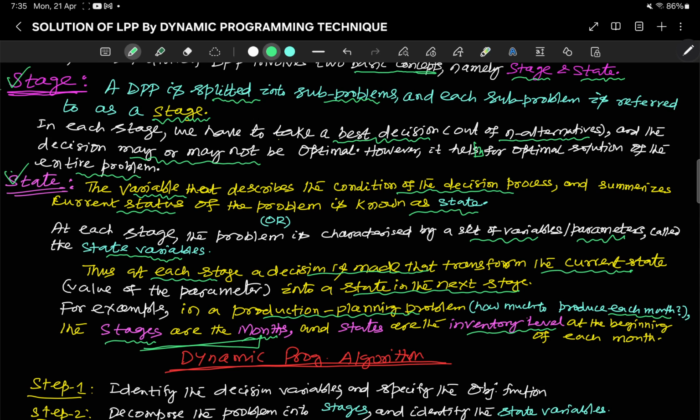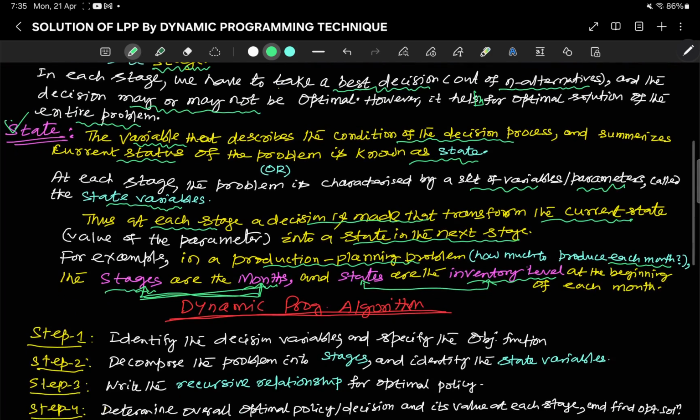The month is your stage, and at the beginning of each month, the inventory level is known as the state. The level of inventory at the beginning of each month is the state and the stage is the month.